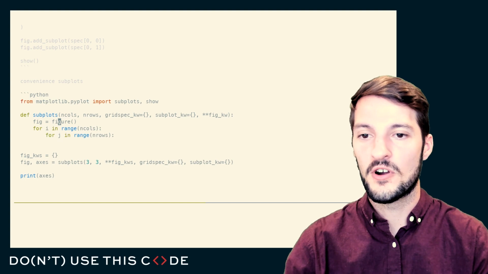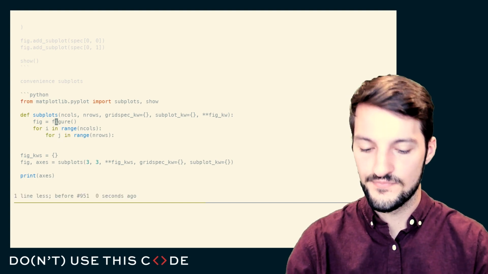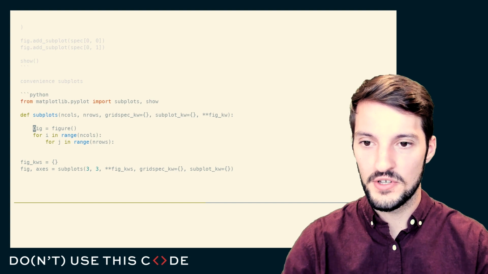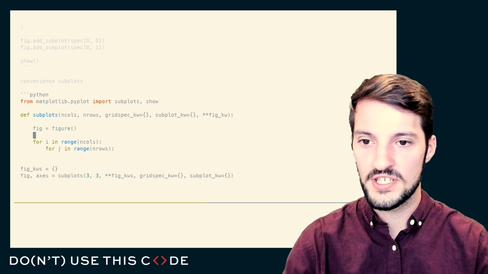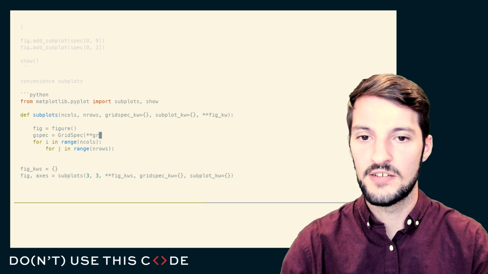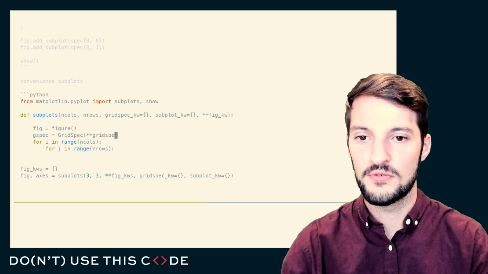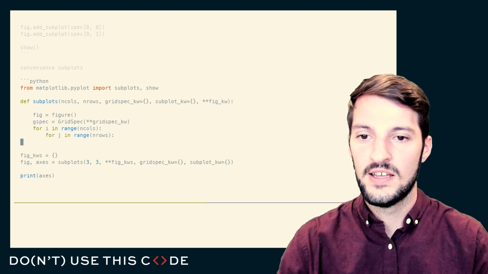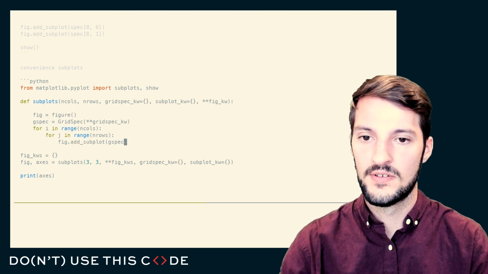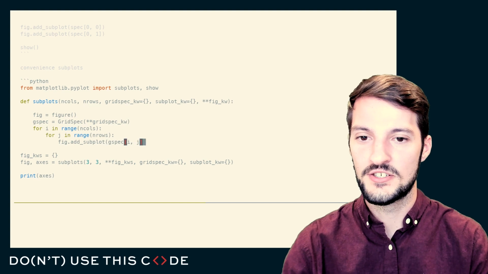And then we do our actual subplot addition. And what we can do here, we would make our grid spec, and we would pass it those grid spec keyword arguments. And then we would finally add our subplot. Right, ij.